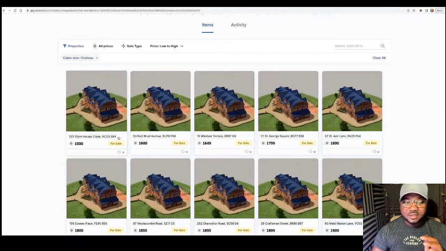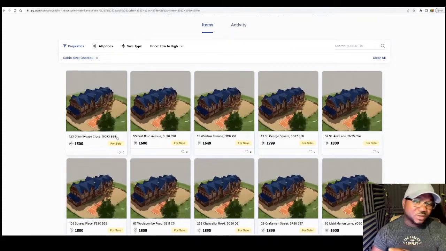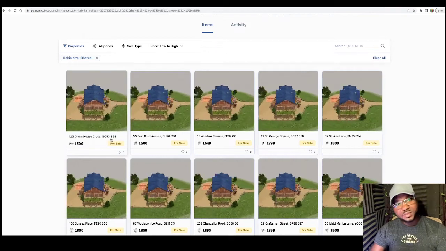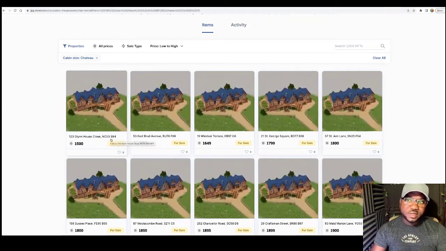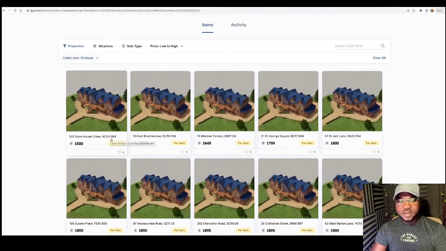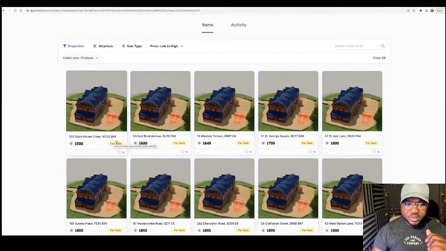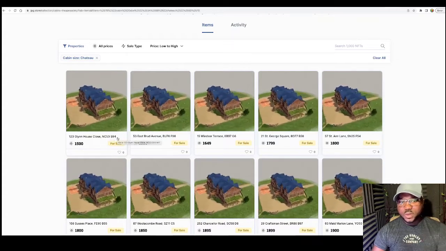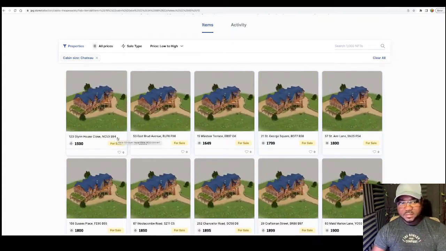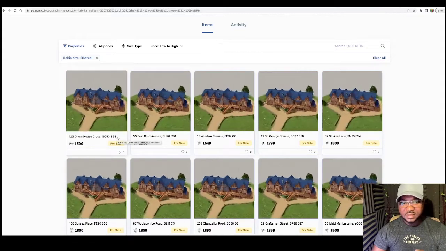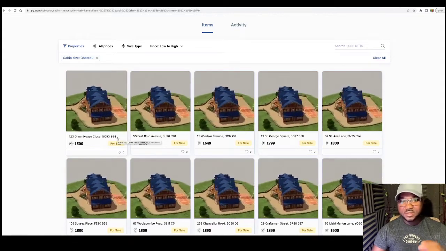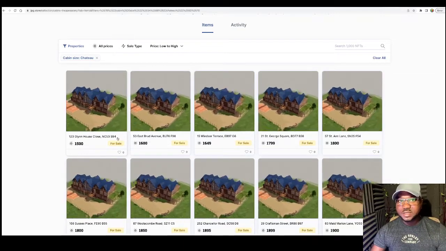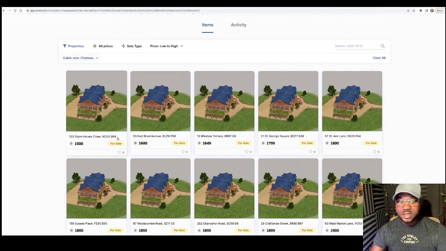Like, these numbers at the end, I wouldn't be able to break down all the numbers right now to tell you what they mean. You can dig a bit deeper into it. Go to their Discord. I think there's some information there. But what I do know is that these numbers kind of tell you where on the street the house is. So even though it's a chateau, the chateau is spread throughout the real estate area, and you have chateaus in different areas.